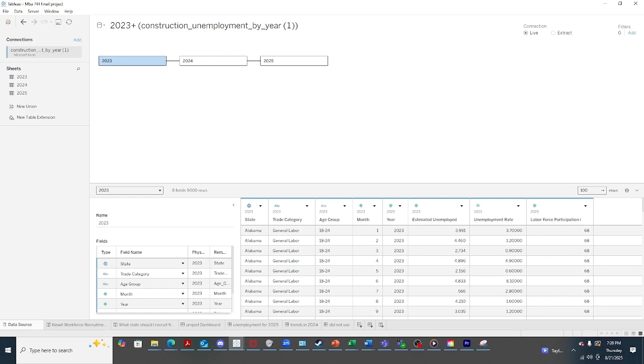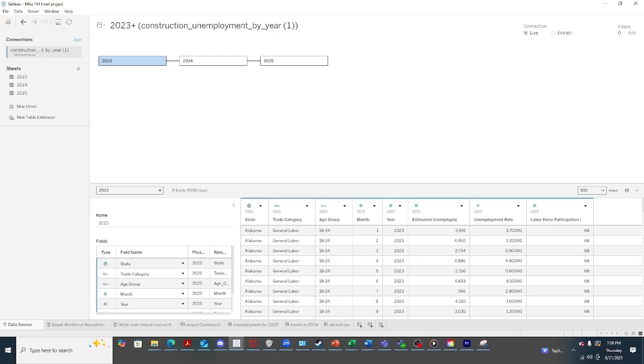This ensured that the analysis wasn't just a snapshot of 2023 to 2025, but also incorporated patterns over time, which were essential for forecasting labor availability into 2026.